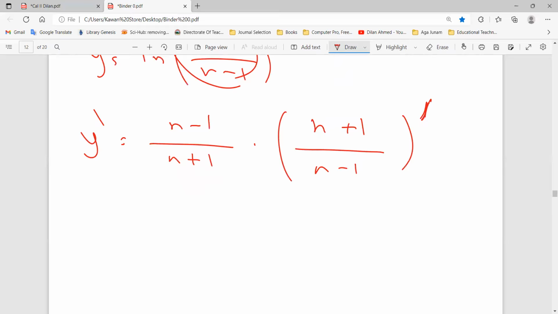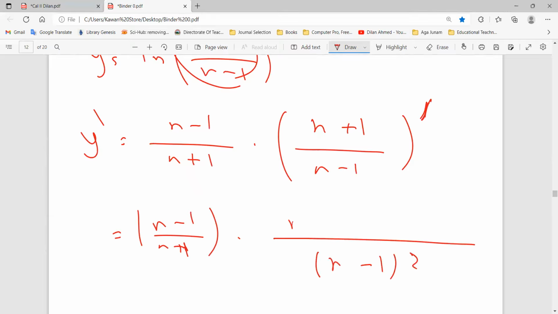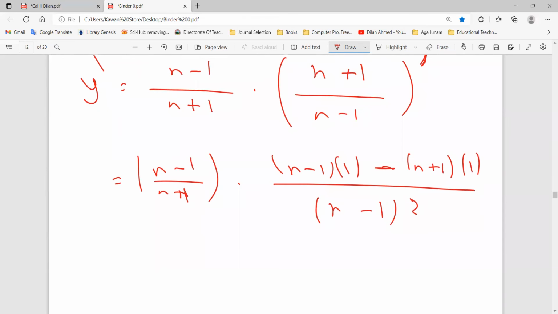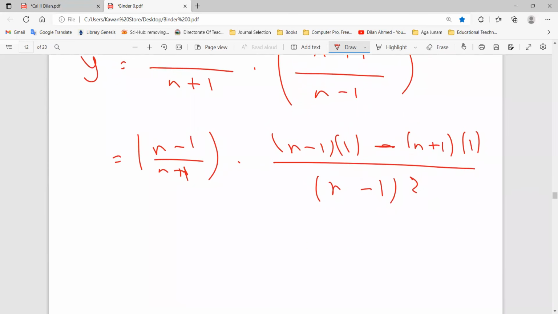Quotient rule, right? So it says equal to n minus 1, n plus 1 in its place. So derivative of here is equal to denominator square, numerator, derivative of denominator, sorry, numerator minus denominator, numerator, derivative of denominator. And by default, we get what?